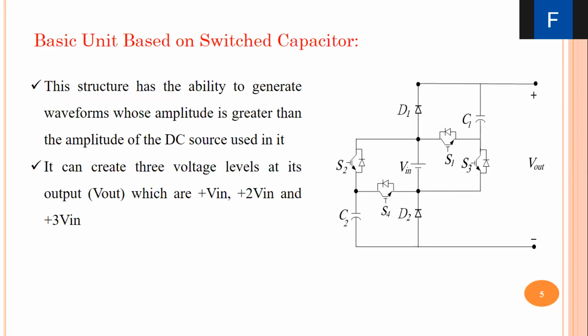For example, if we have Vin in our output voltage, switches S2 and S3 are on, and the capacitors C1 and C2 are charging. And if we have 3Vin in our output voltage, switches S1 and S4 are on, and C1 and C2 are discharging.